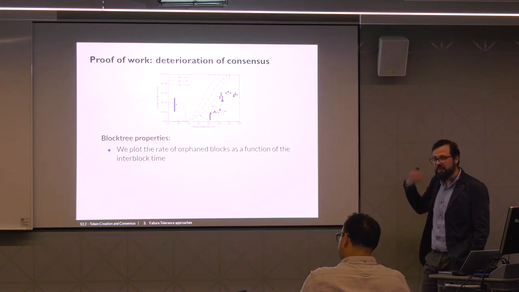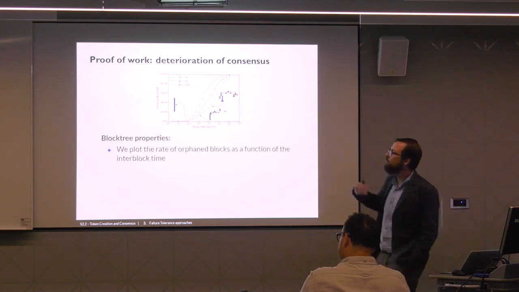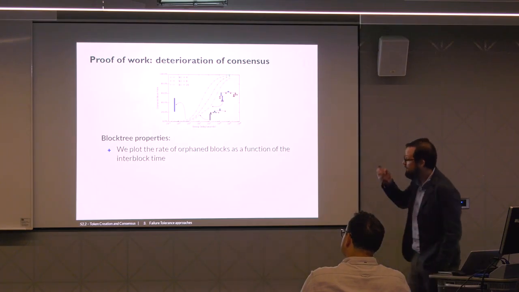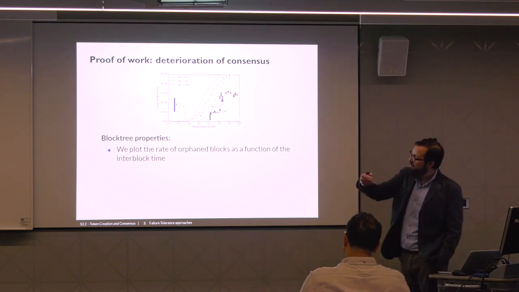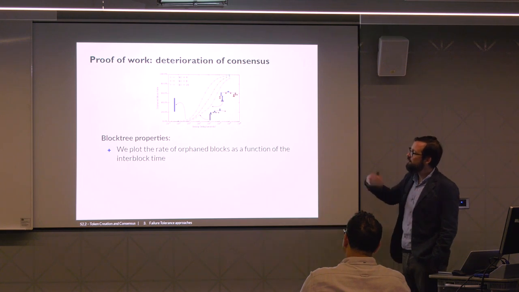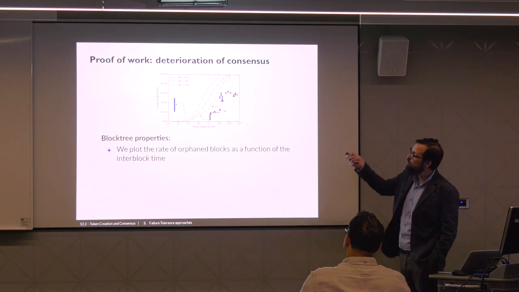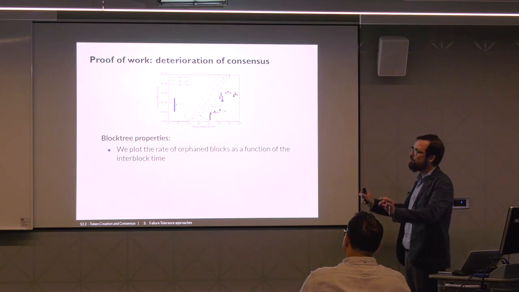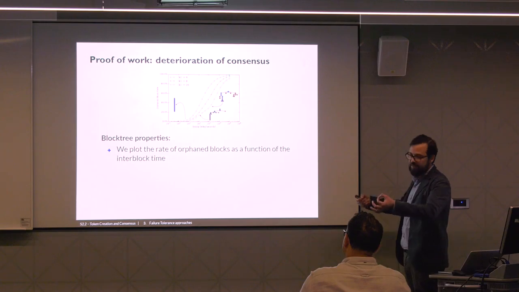But think that, for example, in Bitcoin a new block is added every 10 minutes. In Ethereum, a new block is added every 12 seconds. The more you go in the direction that the time between blocks is smaller and smaller, the more you have what are called forks inside of the system. A fork is a point in which two different nodes participating in the proof of work find the new block.